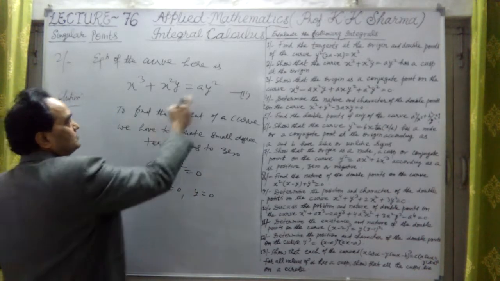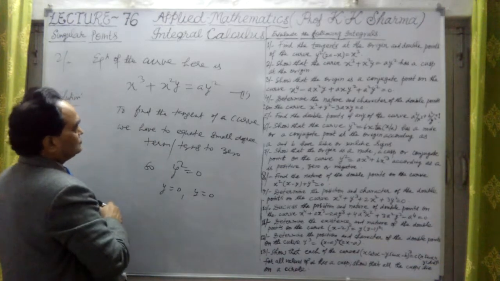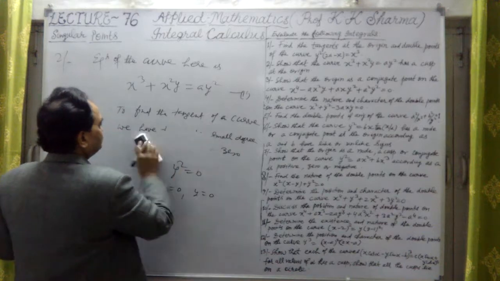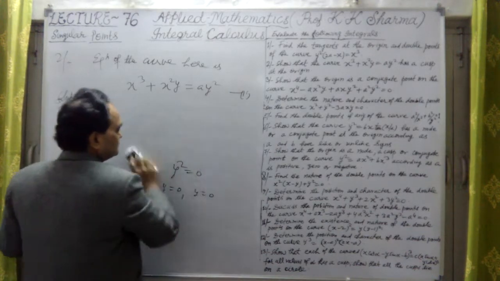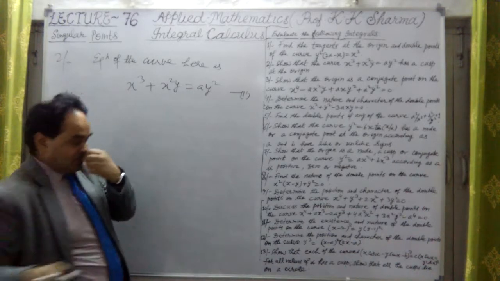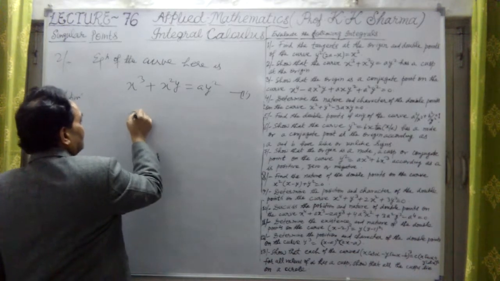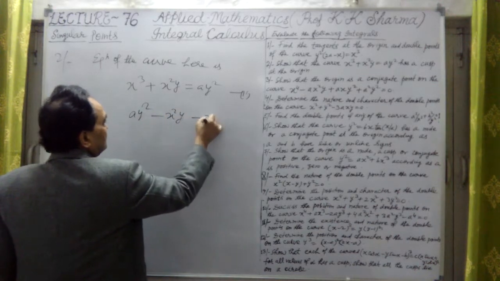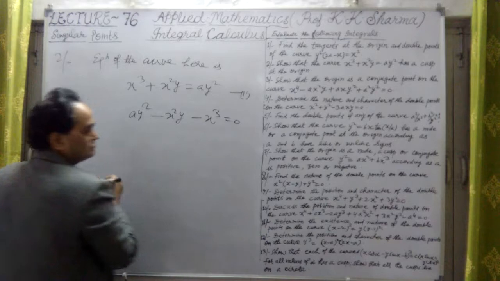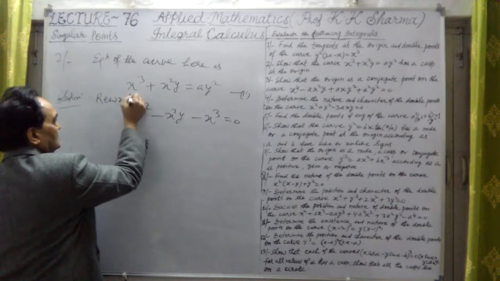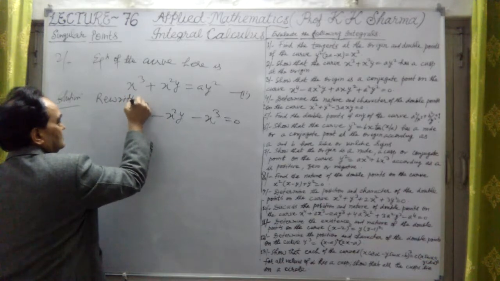Let me solve this equation for y. This is a quadratic equation in y. Rewriting the equation, a y square minus x square y minus x cube equal to 0.